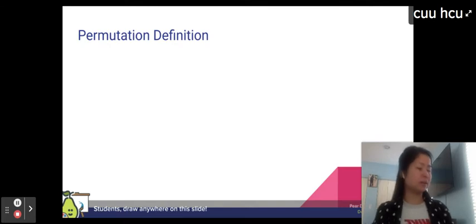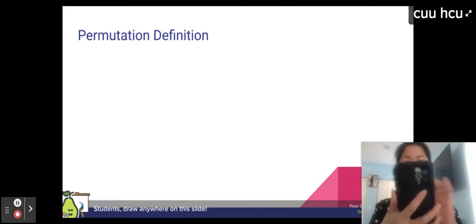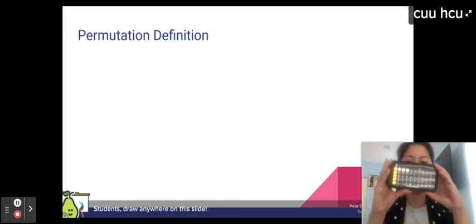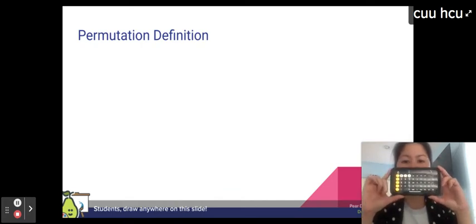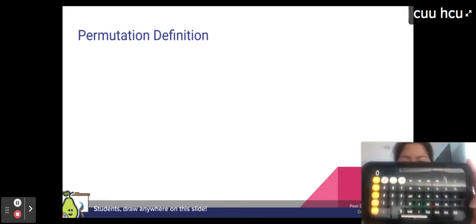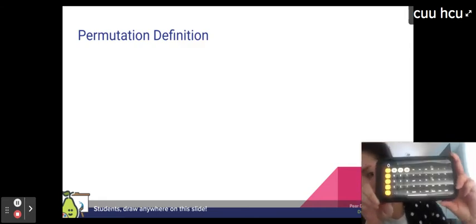If you have a phone, when you turn on your calculator, make sure you turn your cell phone sideways. Then you're going to see this whole thing. There's a bunch of items in here that you're going to follow.